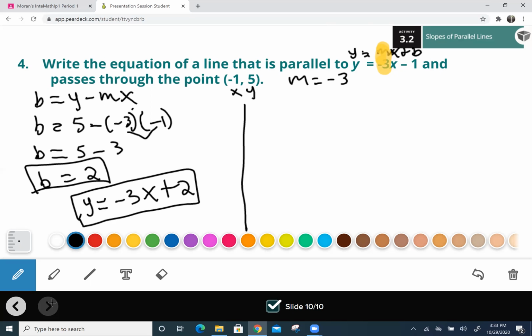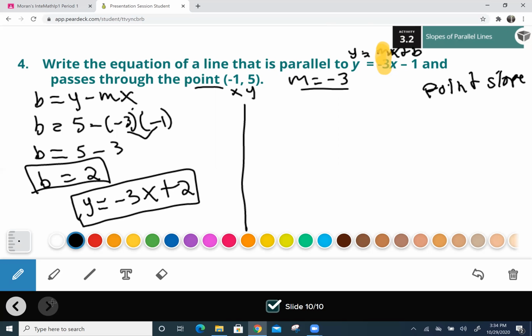So the other way is using what's called point slope form. Why is it called point slope form? Very simple. They're giving you a point and they're giving you the slope.